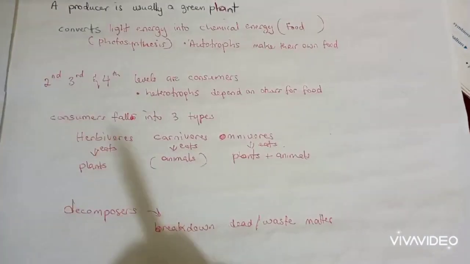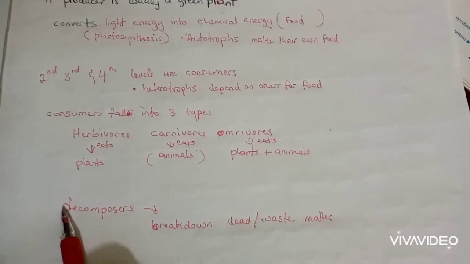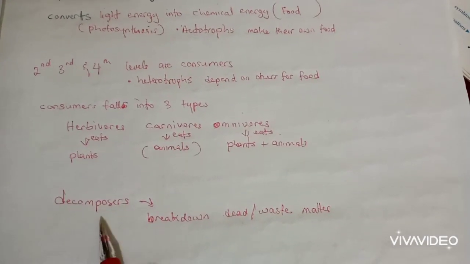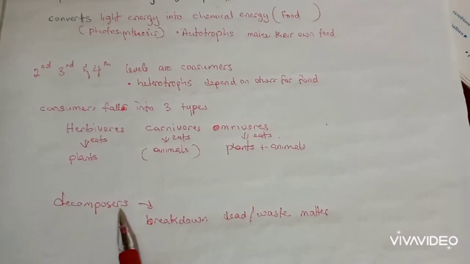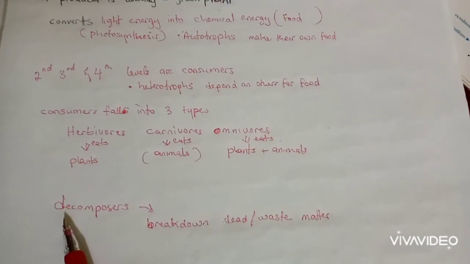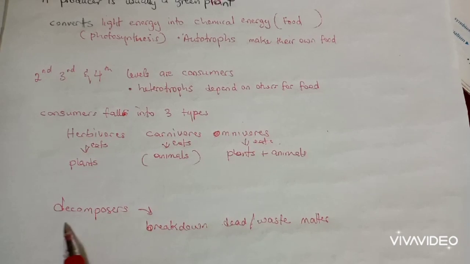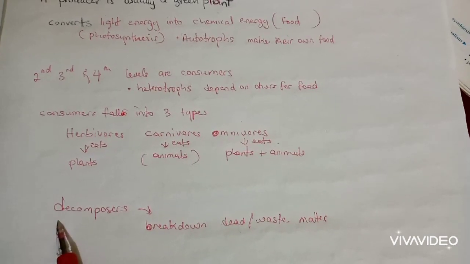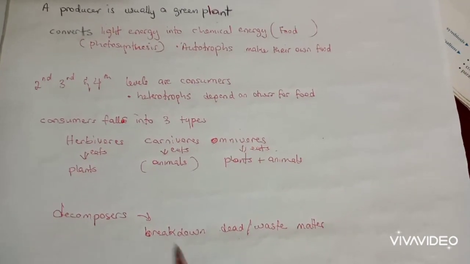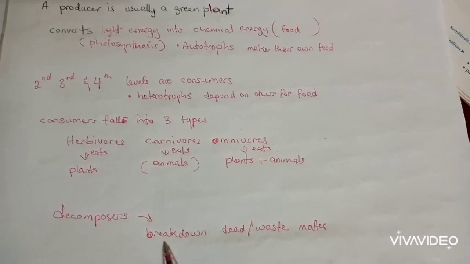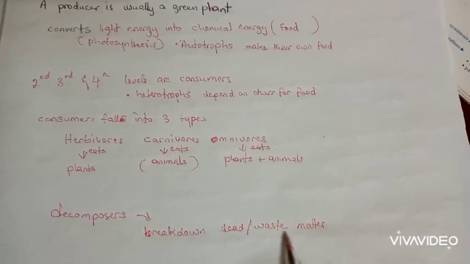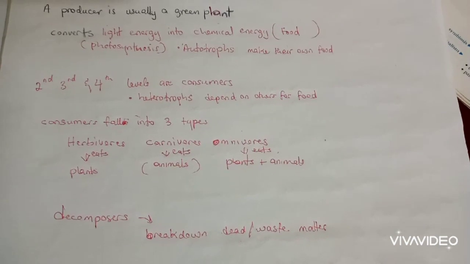So the other group that was missing is decomposers, and we don't usually write these in the food chains or food webs. We just know that they are an important part of the food chain, and their role is basically to break down the dead and waste matter that is produced from the food chain.